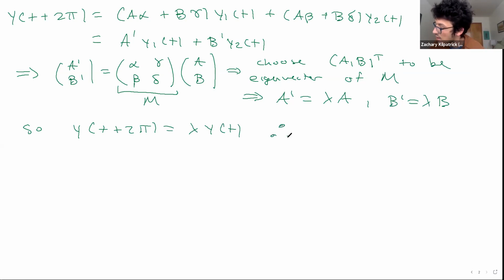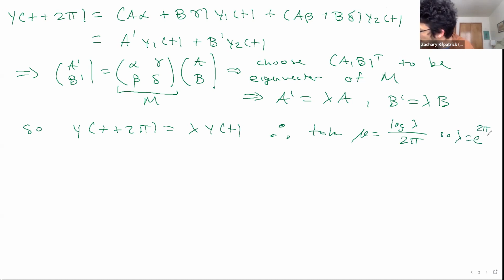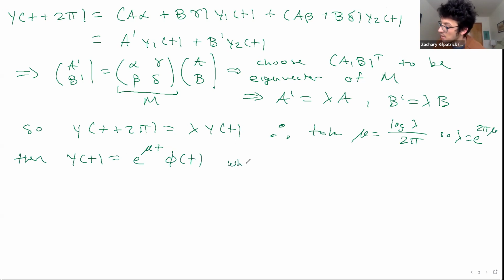Okay. Therefore, if I take mu to be equal to log of lambda over 2 pi, so lambda is equal to e to the 2 pi mu, okay, then y of t is equal to e to the mu t phi of t, where phi of t plus 2 pi is equal to phi of t.